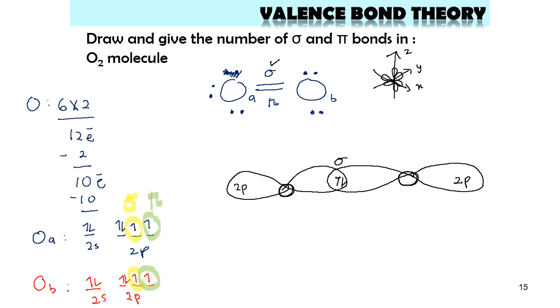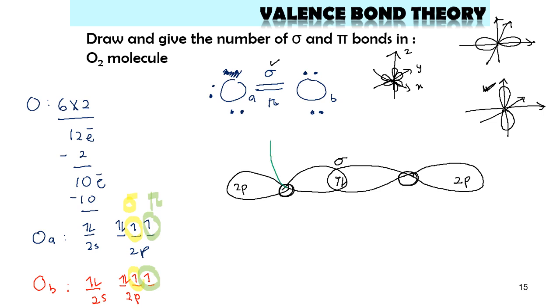Okay, so if you separate this into each 2px, 2py, 2pz, one you have with this orientation, and another one with a different orientation. Okay, so now we are going to draw for this kind of orientation. It doesn't matter whether it is px, py or pz, as long as it is a different orientation.